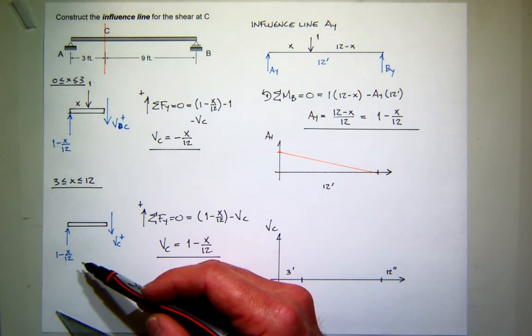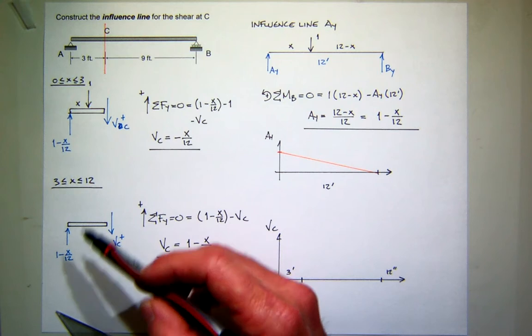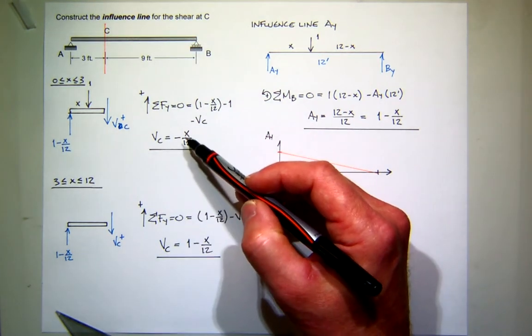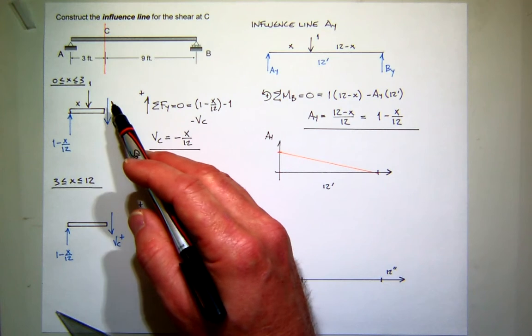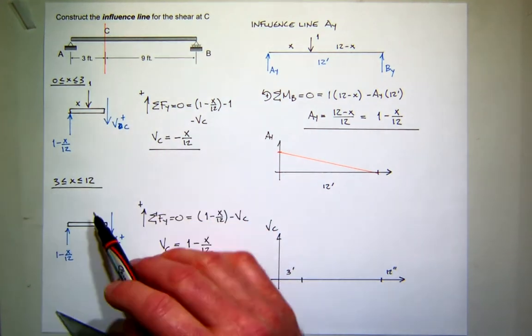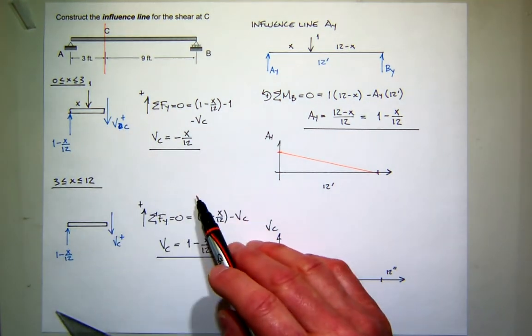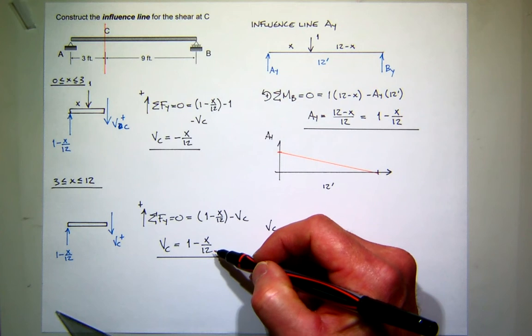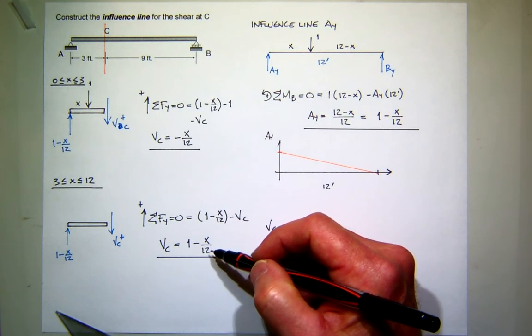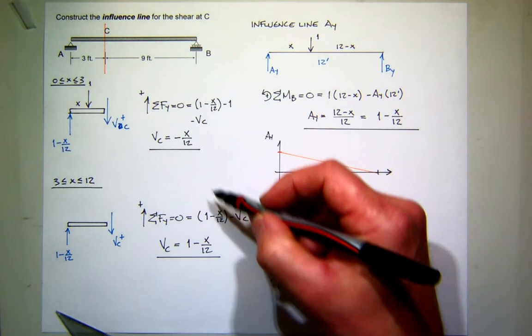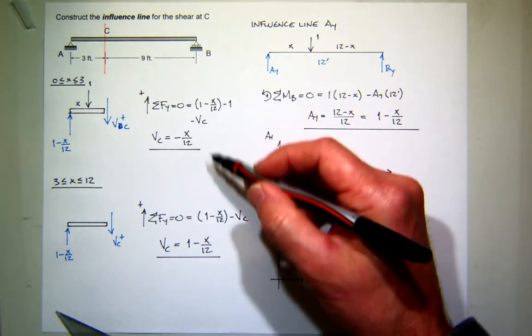We just got the shear at C. Well, this is the shear at C when the unit load is between 0 and 3. Now, when the unit load is between 3 and 12, see, it's moved off the structure. The shear at C changes. Okay, it has to respond. Because now you see I have two different equations for the shear at C.